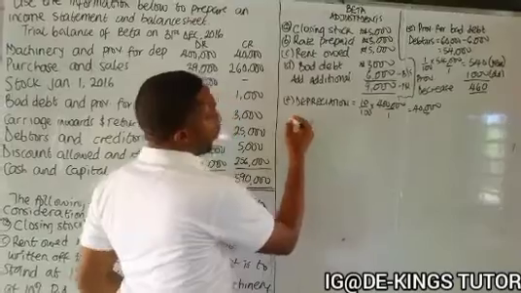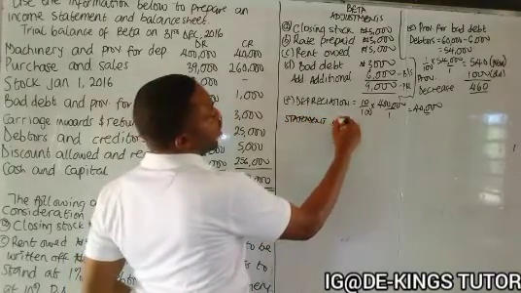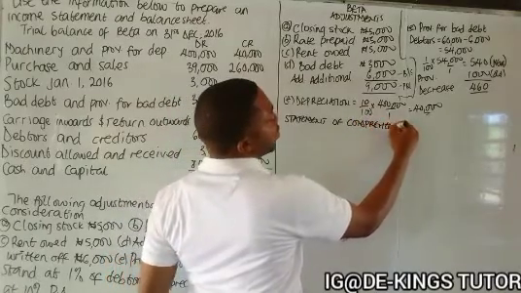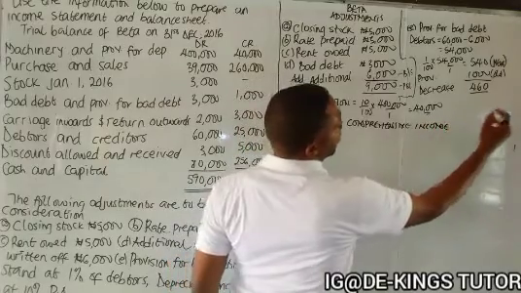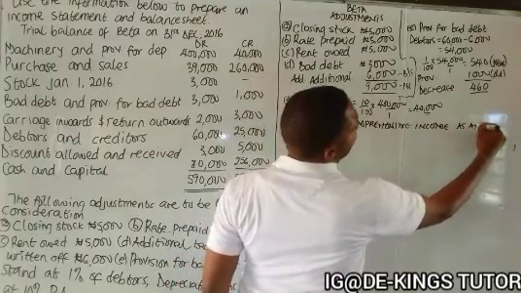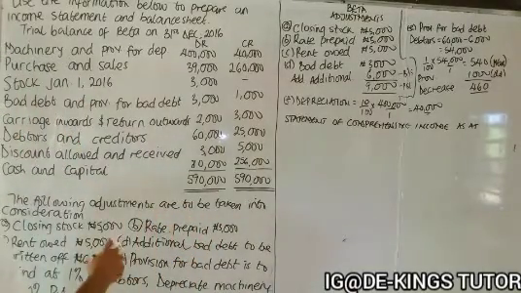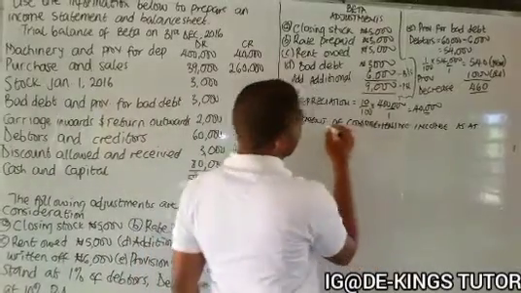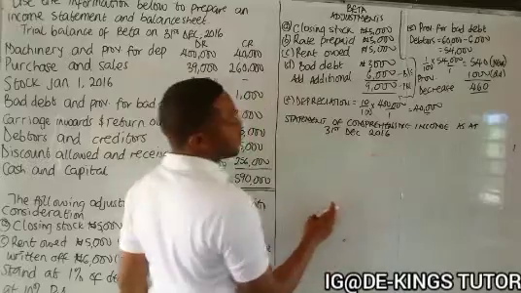So we'll have what we call the statement of comprehensive income. It's the same thing as the trading profit or loss account. Okay, so the date they gave to us, as at 31st December 2016.